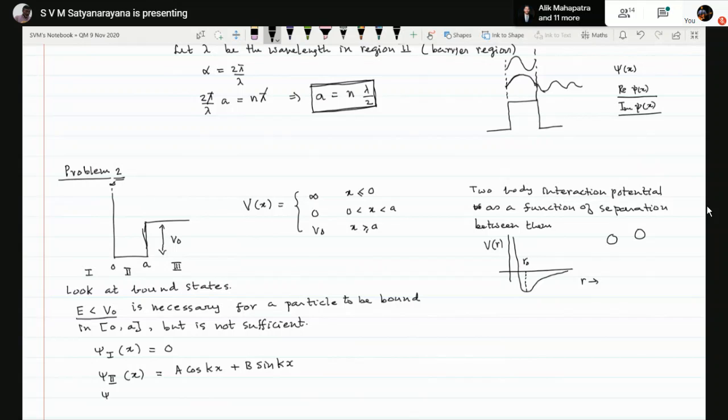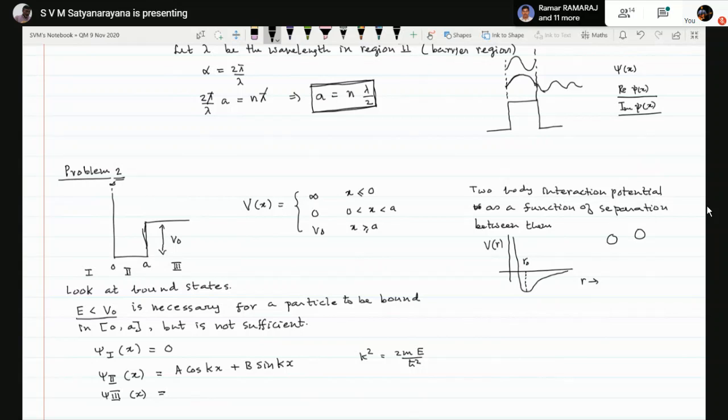And the third region. Of course, here k square is equal to 2mE by h bar square. Now, third thing, since E is less than V naught, there is going to be an exponential solution.